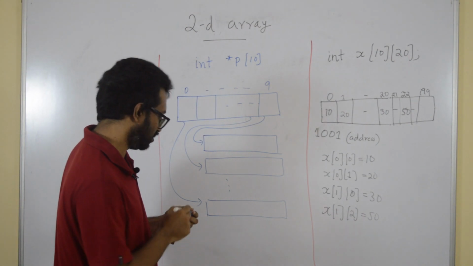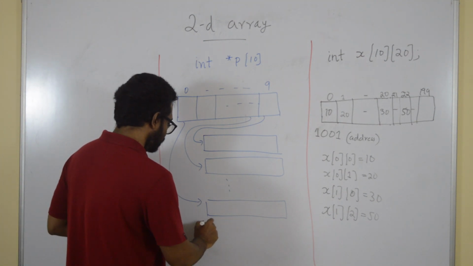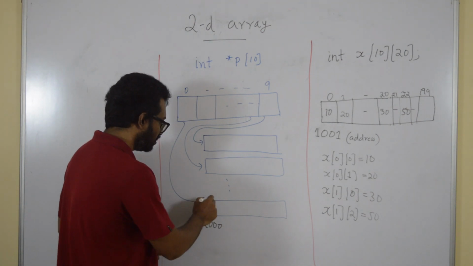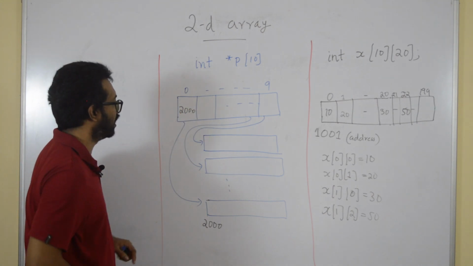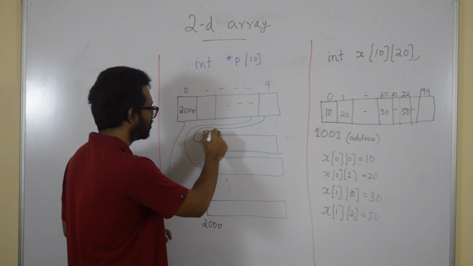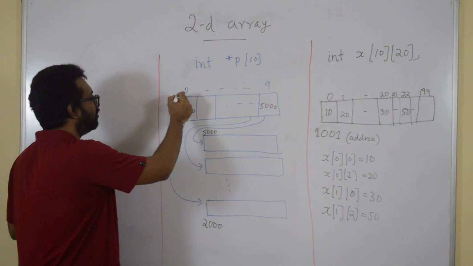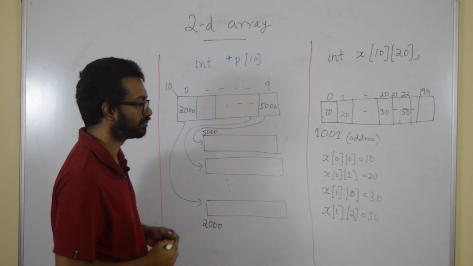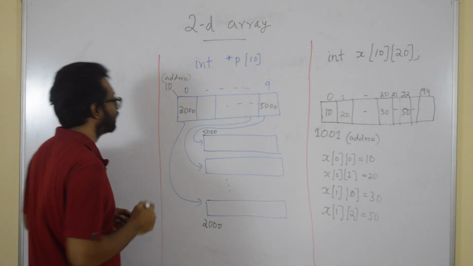So clear? Let me give some memory addresses. Let's say the starting memory address is 2000. So here it's 2000, and this array might be at the location, let's say, 10.